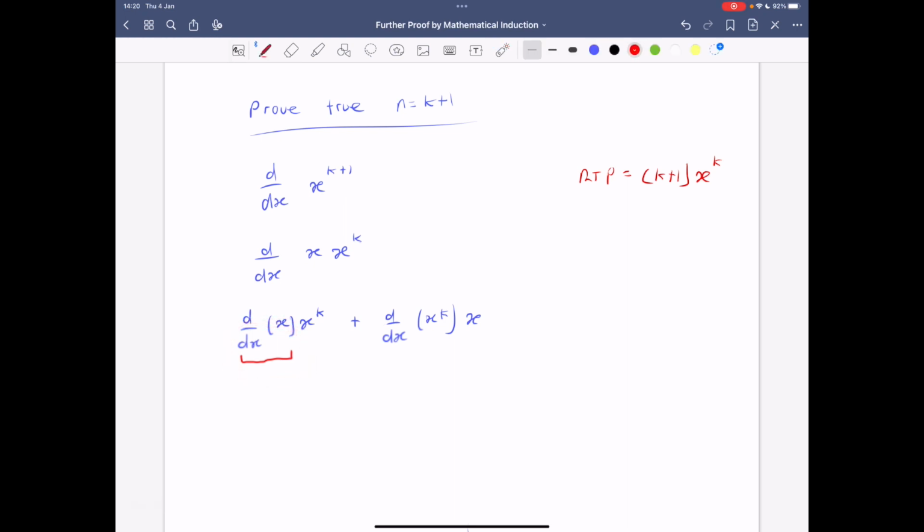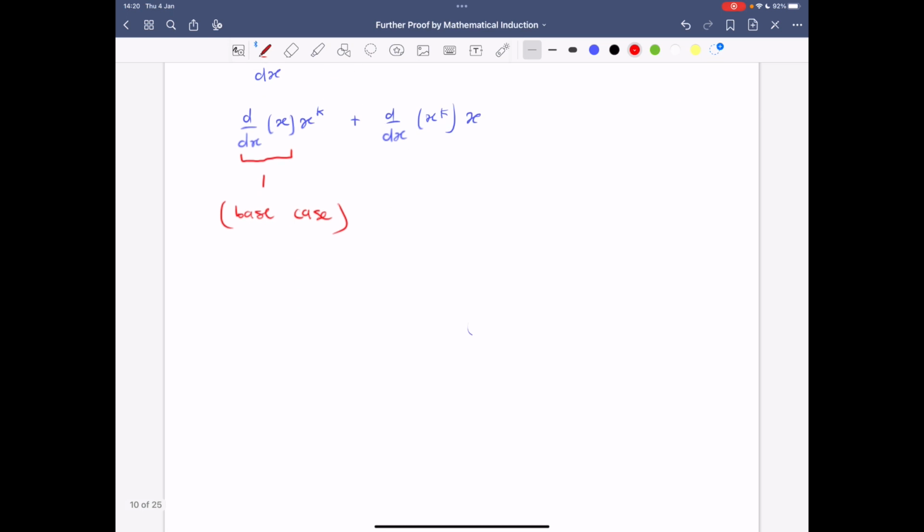So d by dx of x, we already know is 1, and that's from our base case. And we know from our assumption that d by dx of x to the k is equal to k x to the k minus 1. That's from our assumption. Okay, so we can say, well, first of all, d by dx of x is 1 times by x to the k, plus, we've just said d by dx of x to the k is k x to the k minus 1 times x.